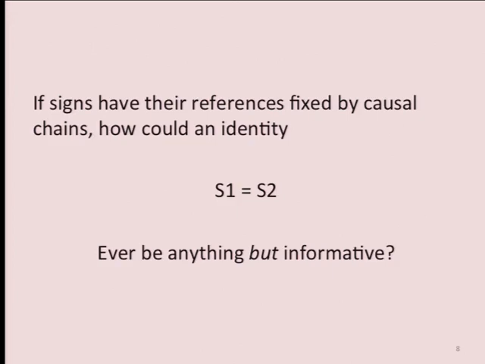To be told that this is true, it requires that the causal chain in back of this one is going back to the same object as the causal chain in back of this one. But that's got to be informative. That was the puzzle I was raising. How could it be uninformative to be told that, if you accept the causal theory of reference?